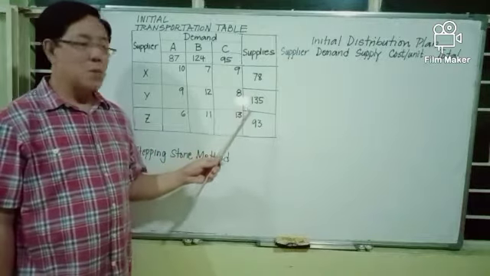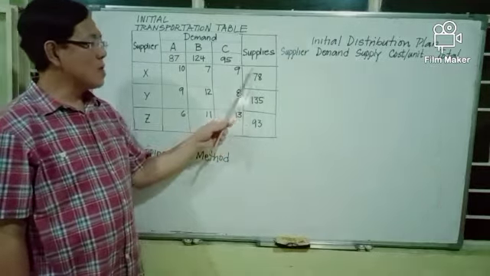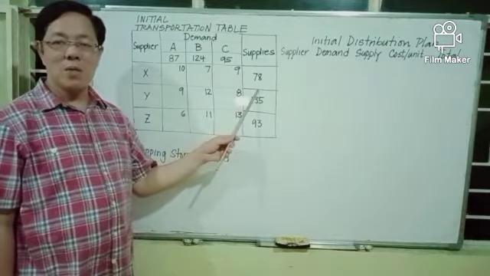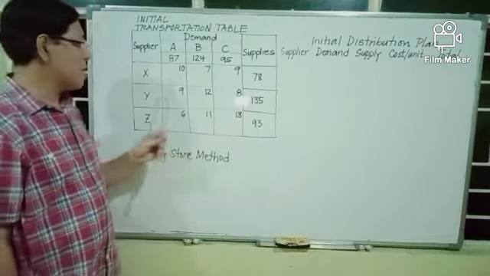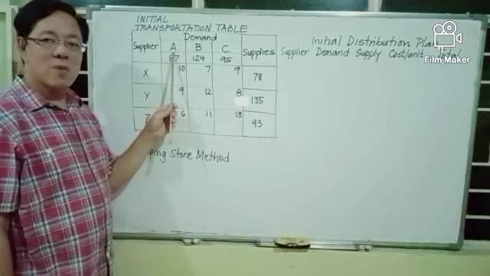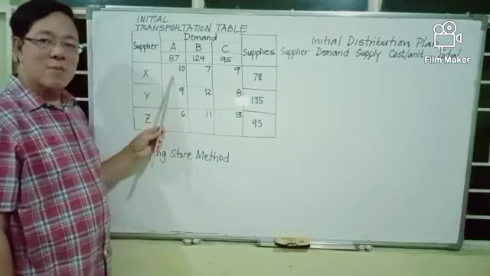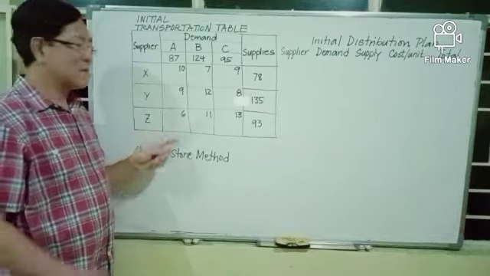So what you do, you give all the 78 available units of supplier X to customer A, and you write 78 in this cell.